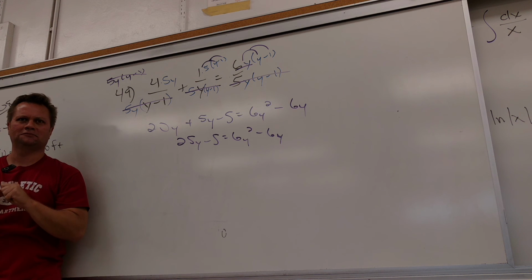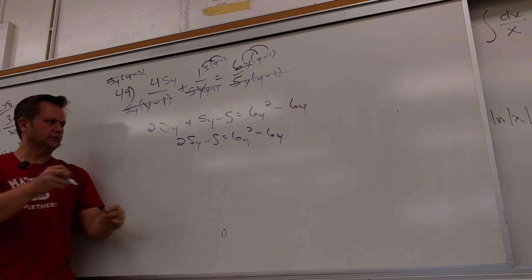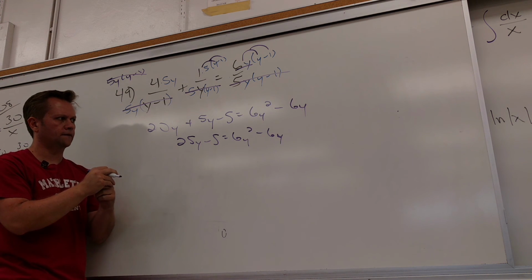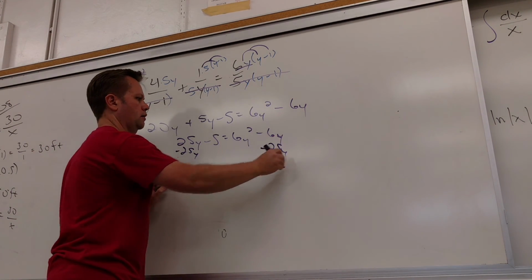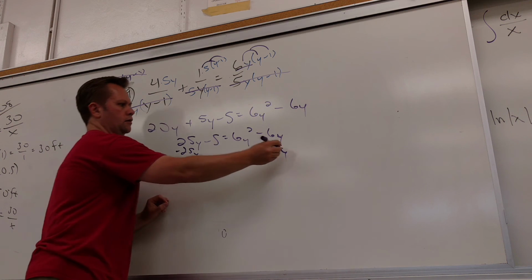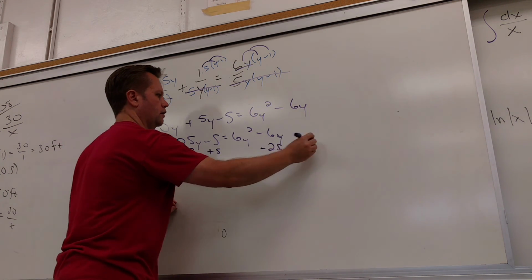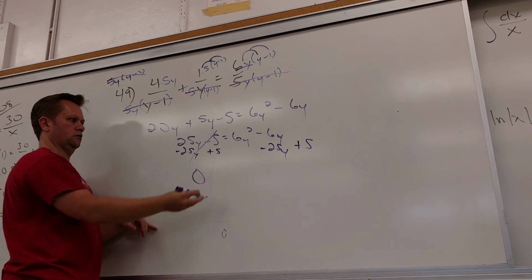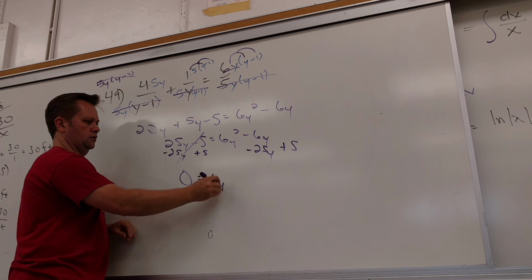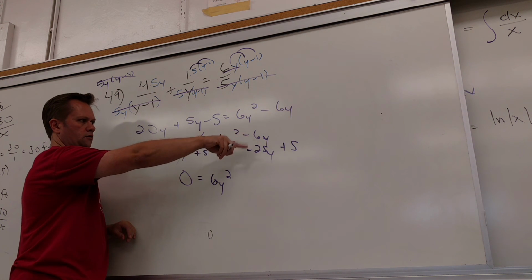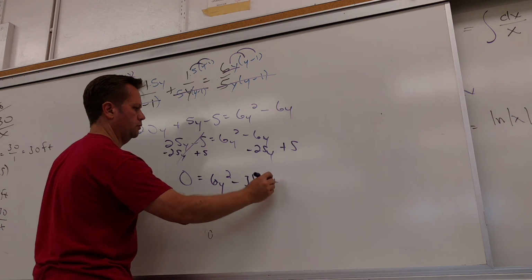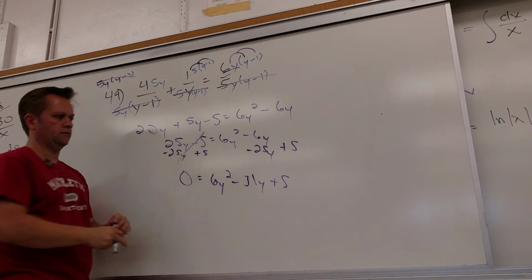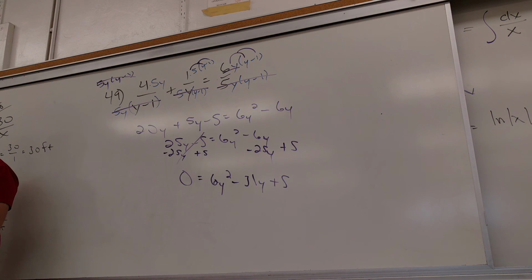Does it look alright? And so what do I do now? Minus 25y, and at the same time I can add 5. So I get 0 equals 6y squared minus 31y plus 5.